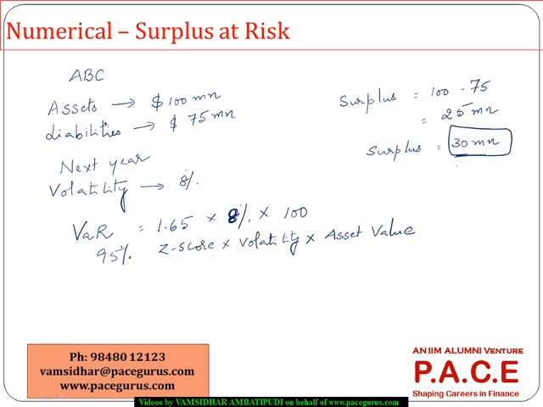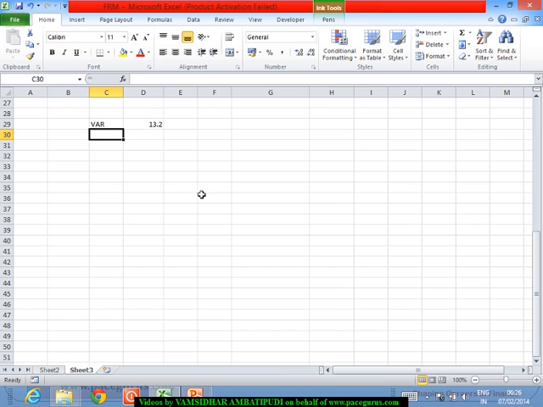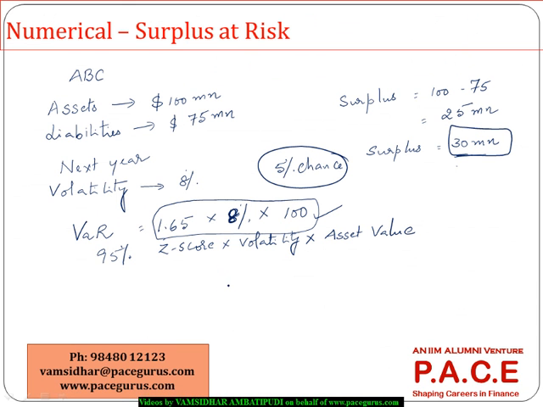So because the value at risk is 13.2 million, in case the decline is occurring also, means there is a 5% chance, just think of what is this, there is a 5% chance that the value of this portfolio will lose 13.2 million.